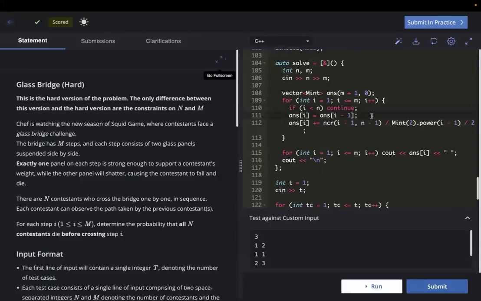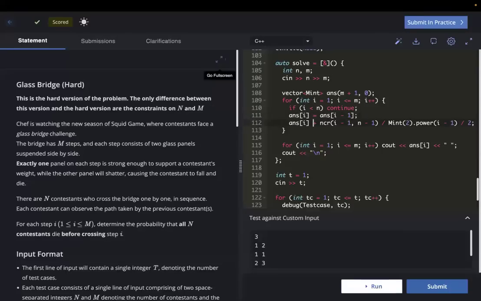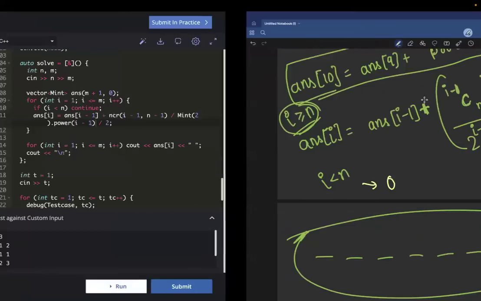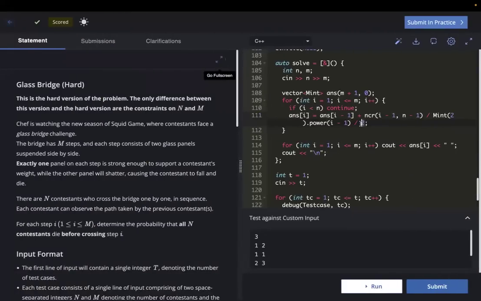Otherwise, the probability is equal to answer of I minus 1 plus choose n minus 1 steps among the first I minus 1 steps where people will die, divided by 2 raised to the power I minus 1, like this, and at the end again divided by 2.